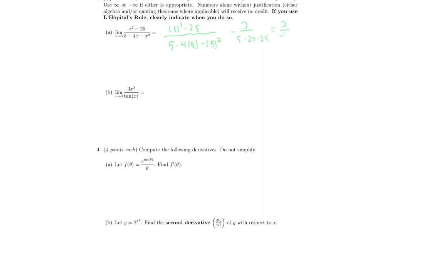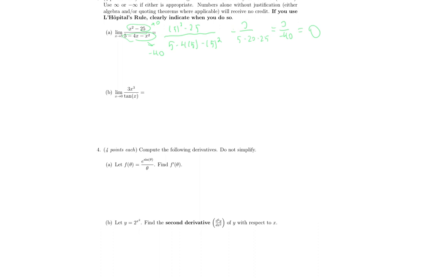So 0 over minus 40, that's just going to go to 0. Because we're not getting any kind of undefined thing or asymptote on the bottom as we approach x equals 5, then that's fine. So the top is going to approach 0, the bottom is going to approach minus 40. So 0 over minus 40 is going to be 0.